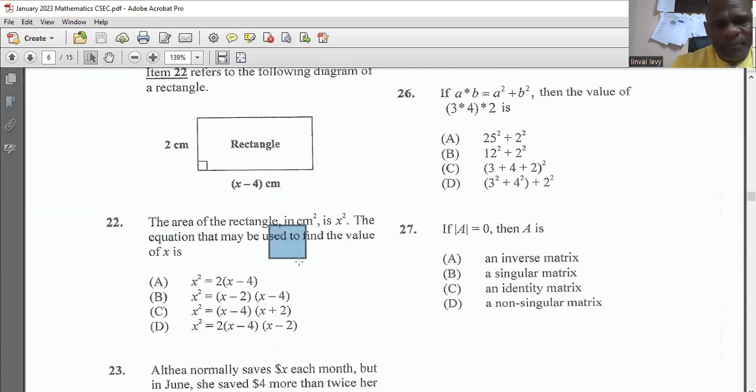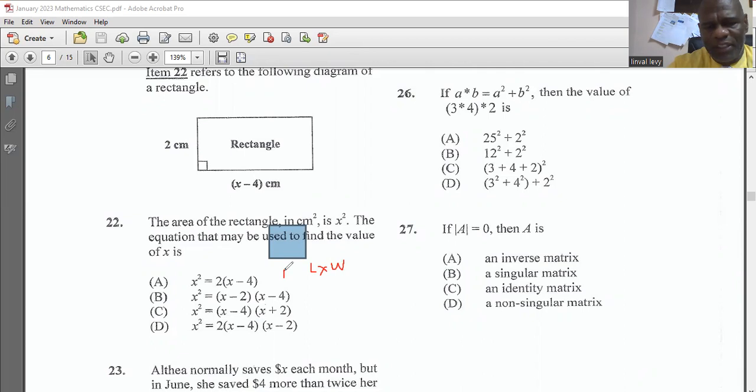Sorry. So we know that to find the area of a rectangle is what? The length times the width. Now in this case, the length is x minus 4 cm and the width is 2 centimeters. So if we are saying length times width, here requires length times width.